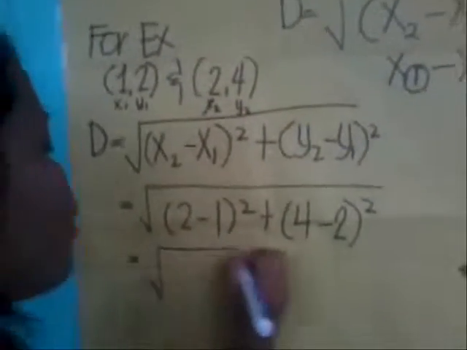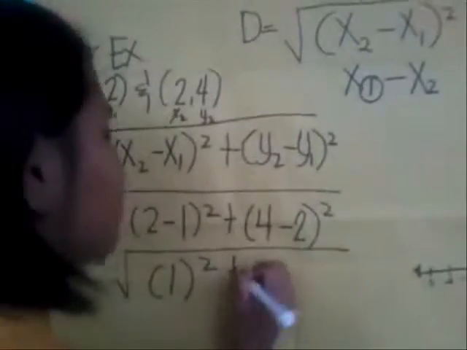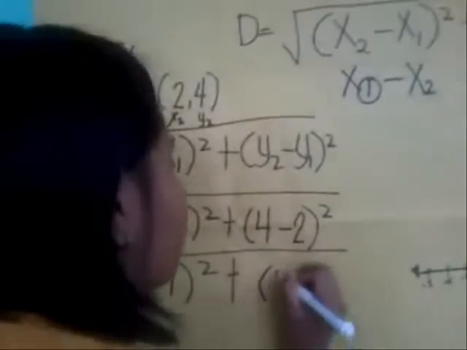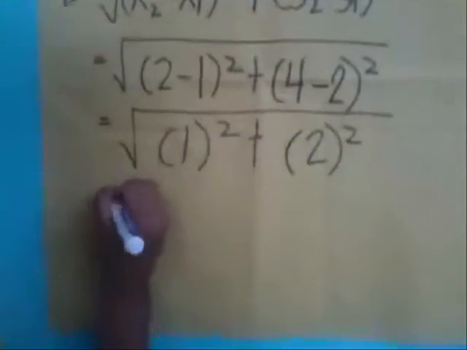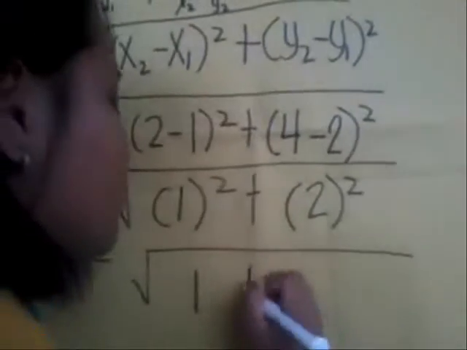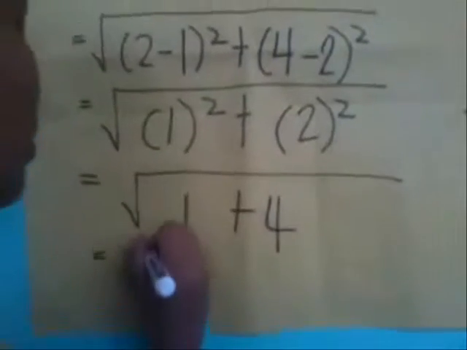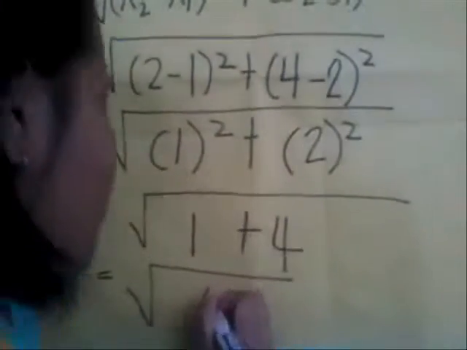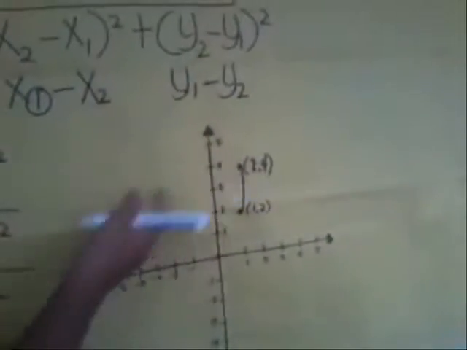So the square root of 2 minus 1 is 1, squared, plus 4 minus 2 is 2, squared. In this case, you have to multiply 1 to itself, same way with 2. So the square root of 1 times 1 is 1 plus 2 times 2 is 4. So the square root of 1 plus 4 is 5. The distance between these 2 points is the square root of 5.